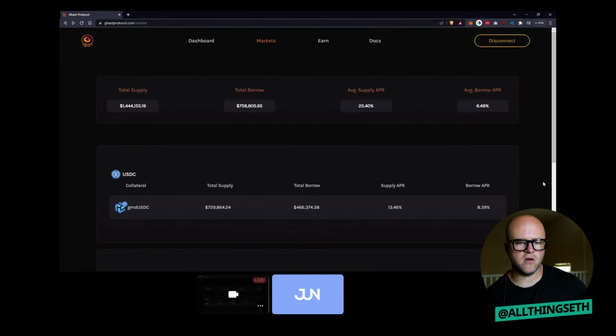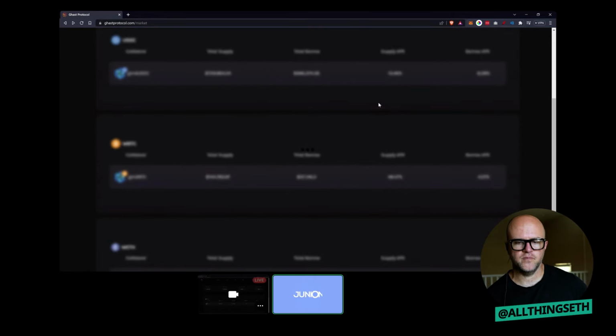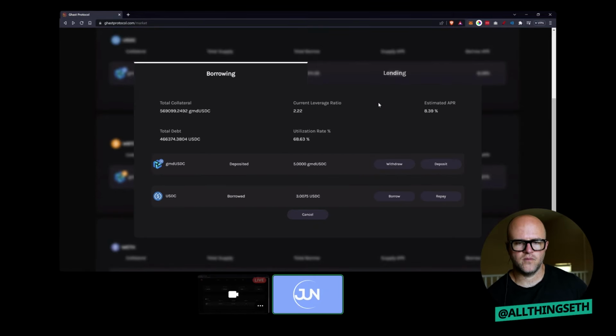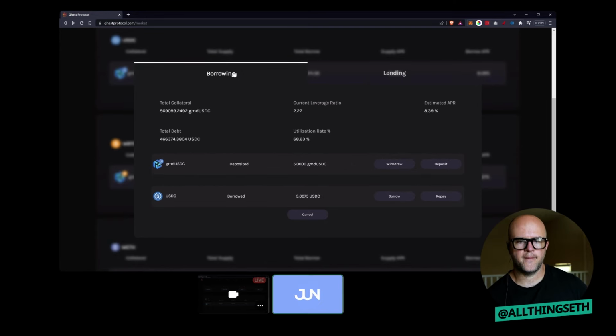Right. So right now GMD ETH, I think, is at like 18%. So that's not included in the supply APR currently. No, the supply APR shows the APR for lending USDC to borrowers. That's on the lending tab. But if you're on the borrowing tab, the 18% you were mentioning would be on the GMD vault assets.